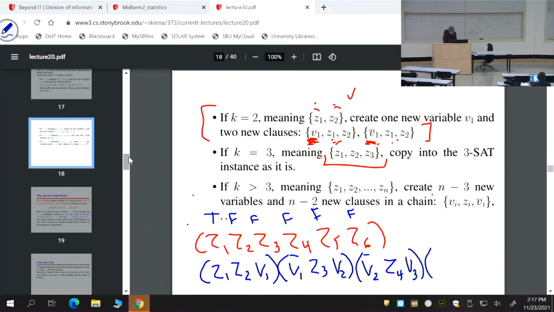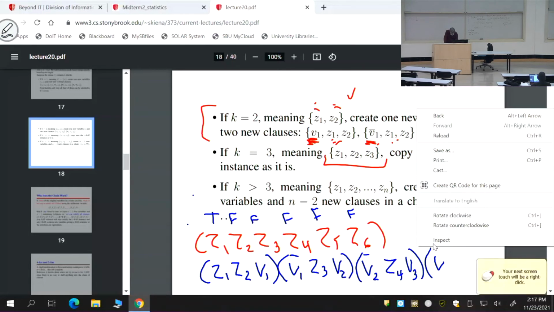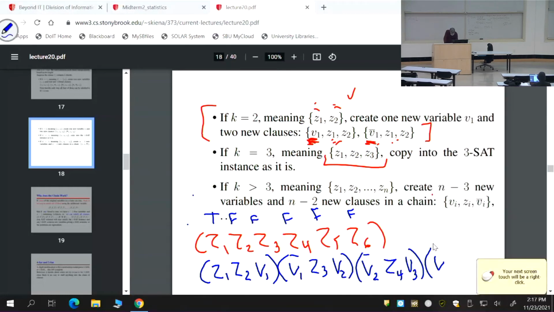And what if I did not V3? What if I did this? Does everybody see how I have now broken that 6-element clause into 4 3-element clauses?